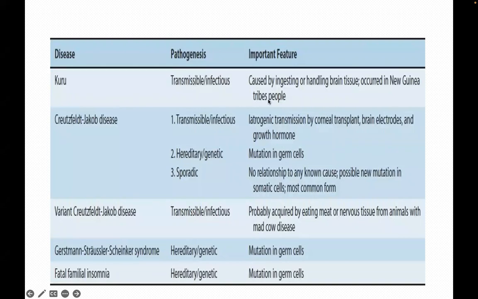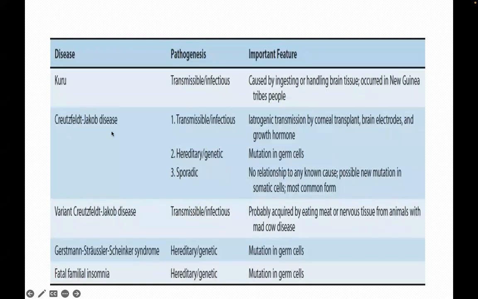And the important feature about it is what I talked about before: we had the Fore tribe in New Guinea that had the ritual of eating brains of the dead. And for those people who already had prions, that is how they would transfer this infectious protein to the next person, through either handling of the brain tissue or that nature of cannibalism.